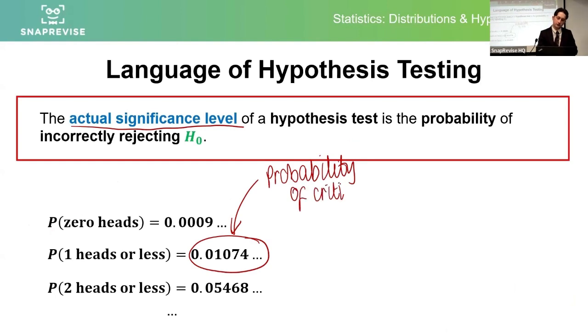So if the significance level was less than 5%, and this one, 1.07%, was the closest we could get to that, being below it, that's the critical value. But the actual significance level then becomes the probability of that tail, because it's not really 5%. It's going to be less than 5% because that's the actual thing you could get.